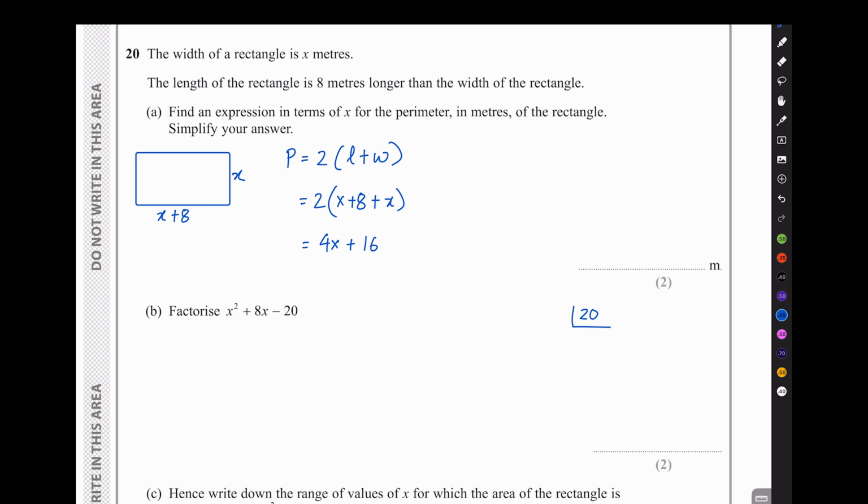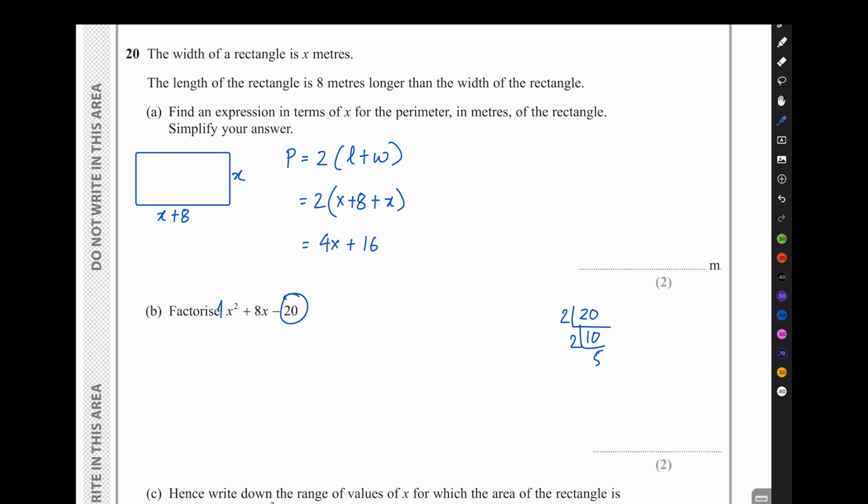So basically, the multiple of 1 and 20 is 20. So I'm gonna take the prime factors of 20, which is 2 times 2 times 5. So basically, I have to come up with some combinations of multiples of this to form this. How should I explain how to do middle term?